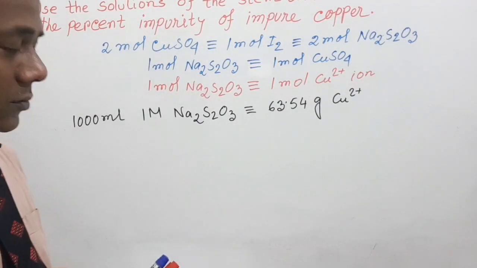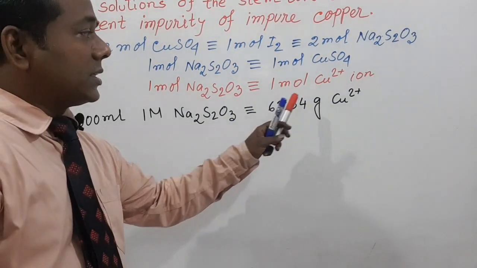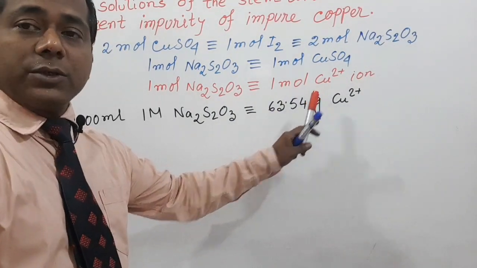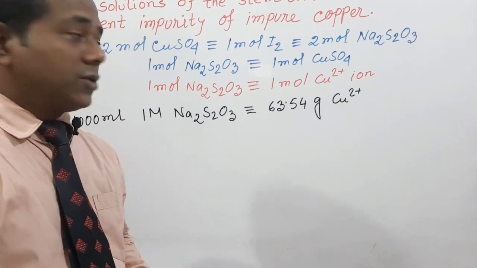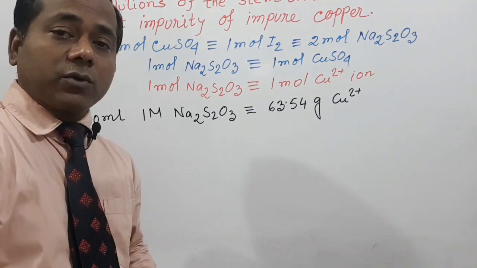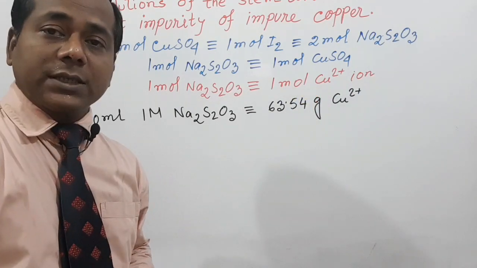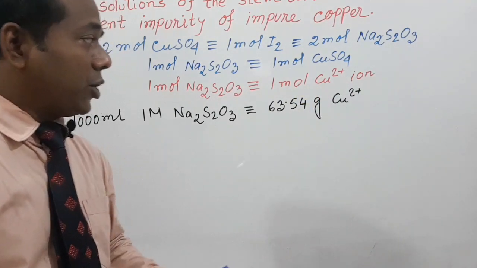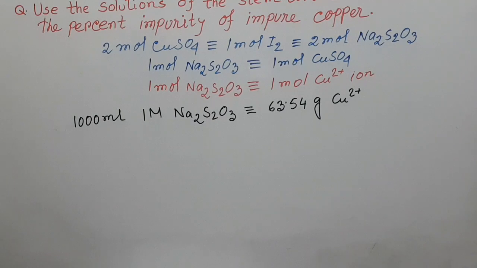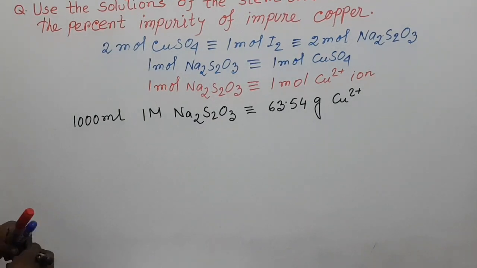And again we can say that 1 mole copper 2 plus is equivalent to 63.54 gram, because the molecular mass of copper 2 plus is 63.54 gram.